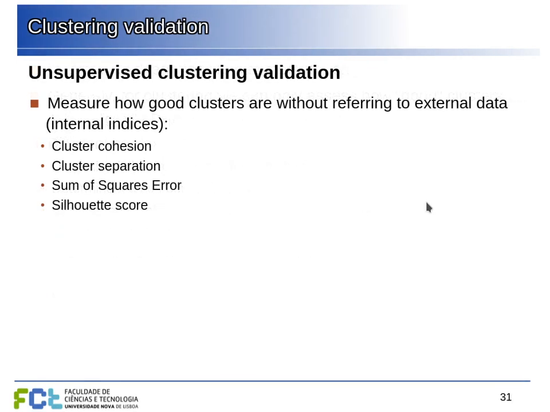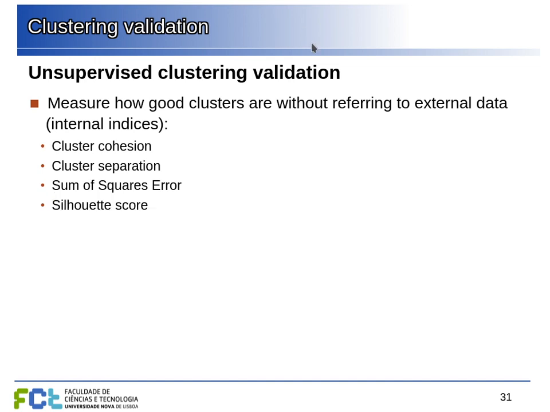So unsupervised clustering validation, for this we can measure different aspects of the clustering. The cohesion and separation of the clusters, some measures, for example, quadratic error in the distances between the points that we have in the clusters, or we're going to see a silhouette score which compares the average distance inside each cluster to the average distance between points from one cluster and a nearby cluster.